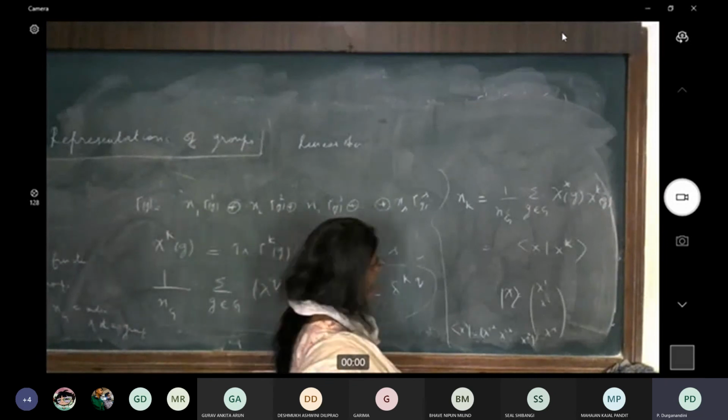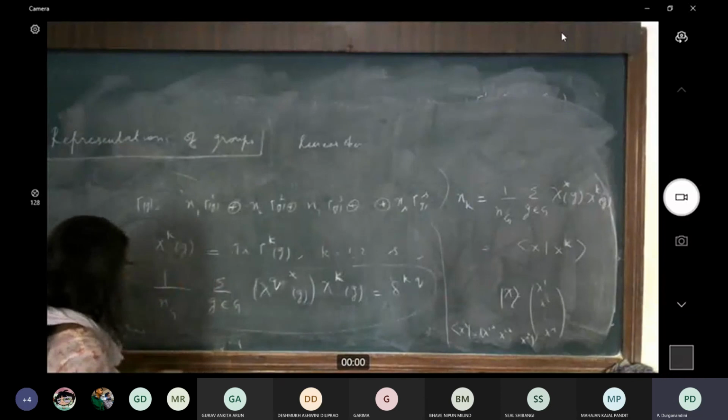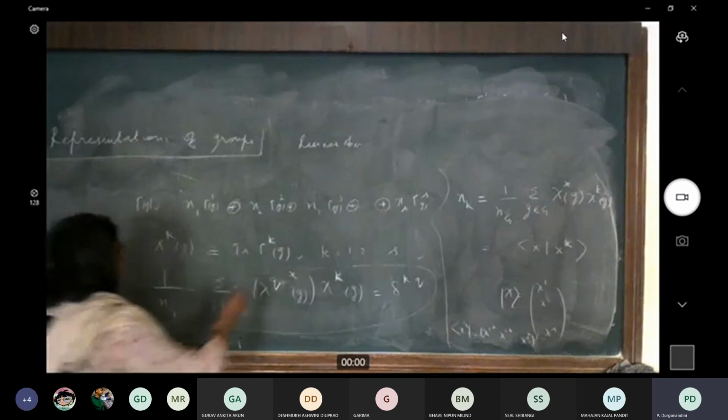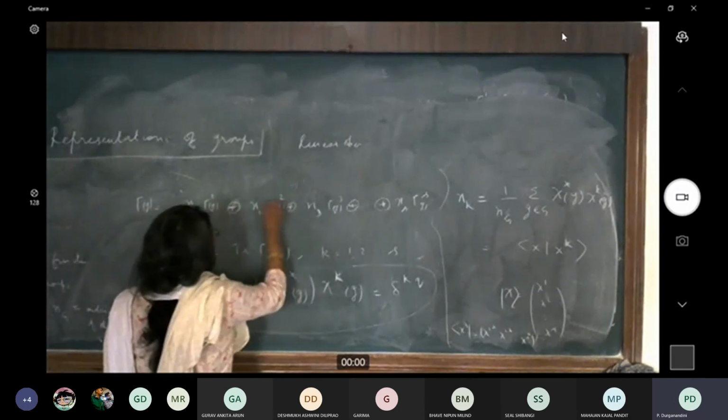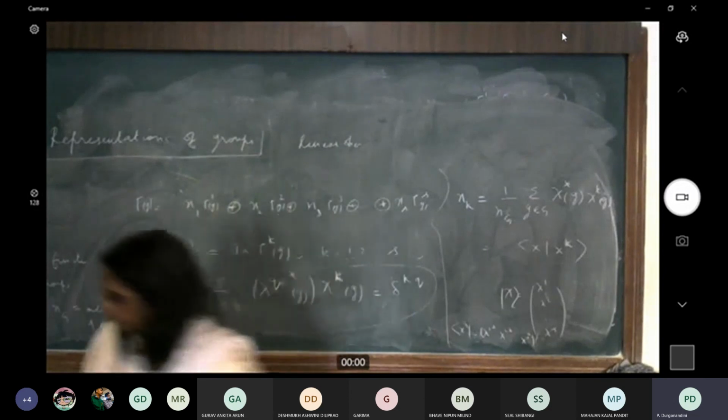Once I use these orthogonality relations, you can find out the multiplicity for a particular irreducible representation. It's very important not just to know what the irreducible representations are, but also how many times each occurs.